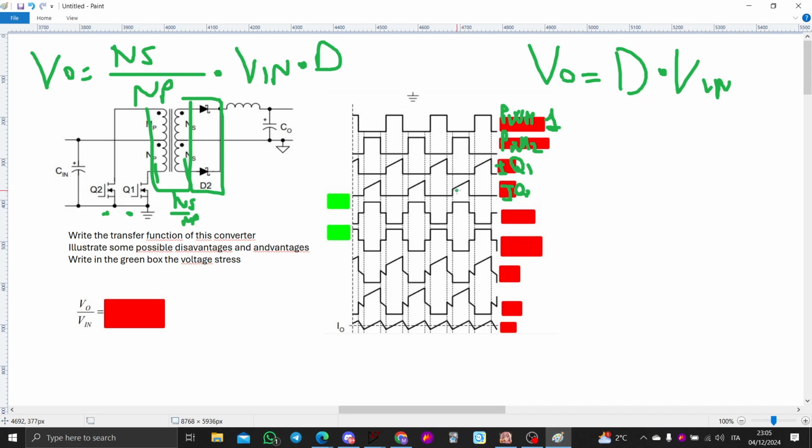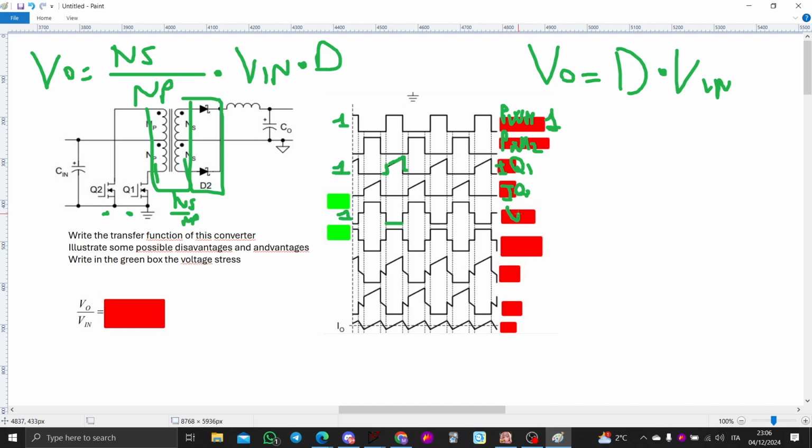When the gate is on, the current is on. If it is 1, then I expect that this is also 1, because when the current is on, the VDS is 0. This is important. You cannot have this instead, because otherwise you would have a dissipation which is disastrous, okay?